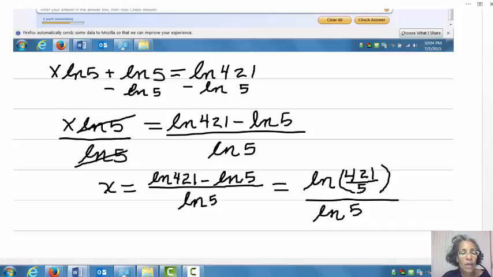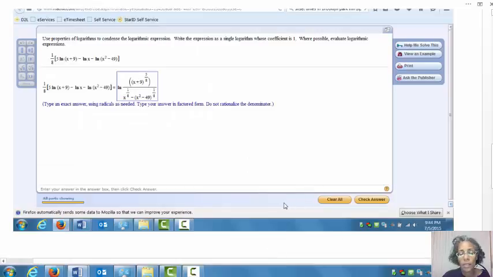So that's what the first part of the solution to this problem should have looked like. You don't have to have this form of the answer. You could use any base log to get the answer, but you were instructed to use the base e log, the natural log. So that's why this part was marked incorrect.